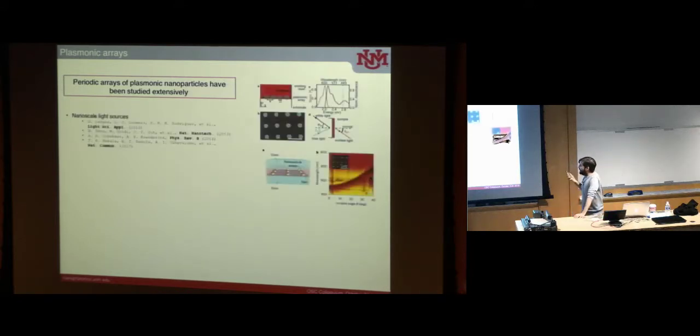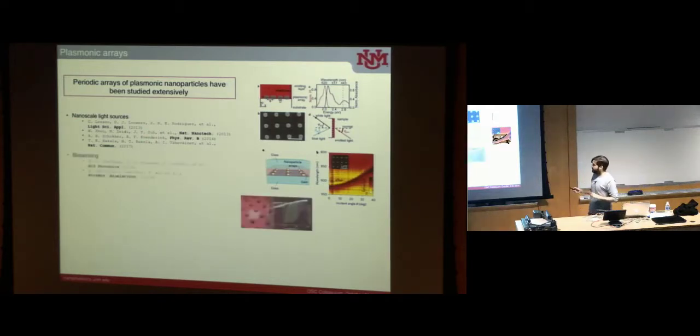However, these ones are very narrow, and of course that can be used, for example, for very narrow light sources or nanolasers. They can also be used for sensing. You have something extremely narrow, and that comes from the periodic geometry of your system. So as soon as you put something near the system, some dielectric environment that is different from what you used to have, then that's going to affect the response.